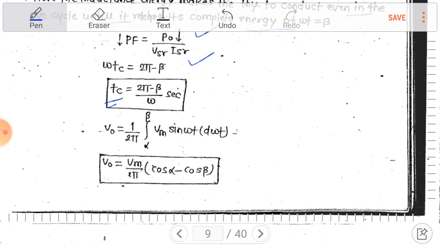V output we can obtain from alpha to beta: 1 by 2 pi integrated from alpha to beta, where V output is equal to the supply voltage. So we get V output equal to Vm by 2 pi times cos alpha minus cos beta. This value is smaller than Vm by 2 pi times 1 plus cos alpha, so the average output is also reduced.